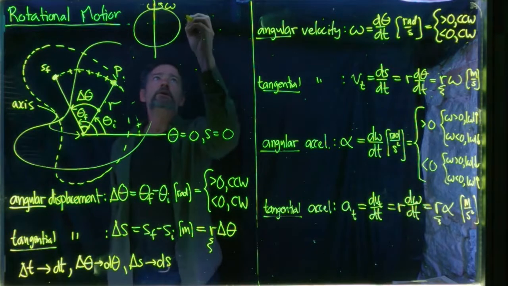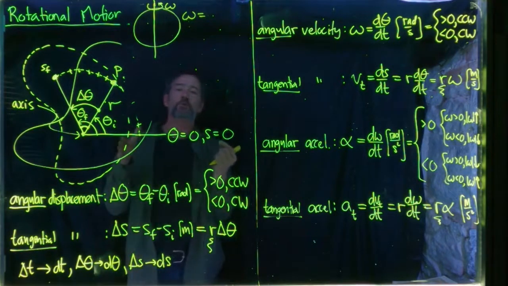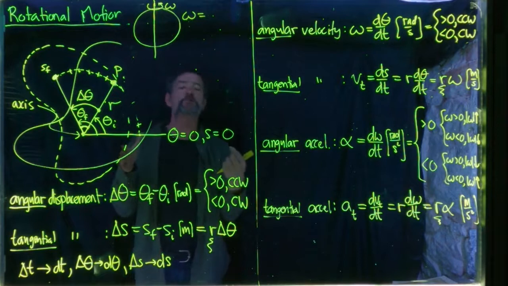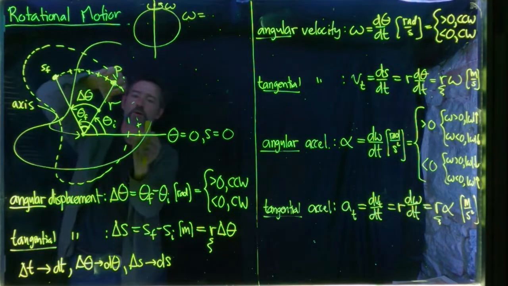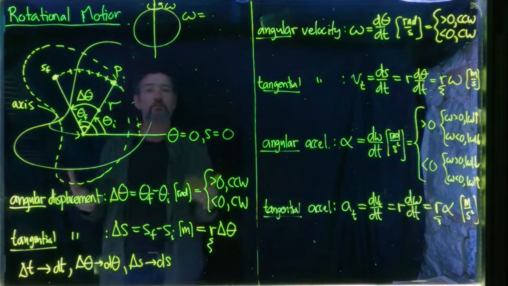Well, the angular velocity omega is, just think about how much time it takes to go all the way around. Every single point on that rigid body, the Earth, will have rotated through 2 pi radians in how much time? Well, 24 hours.